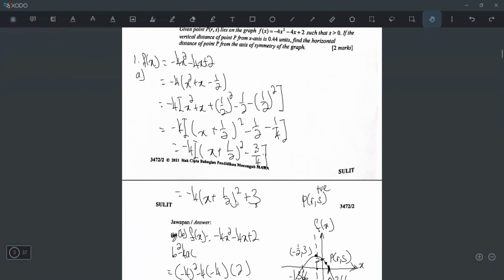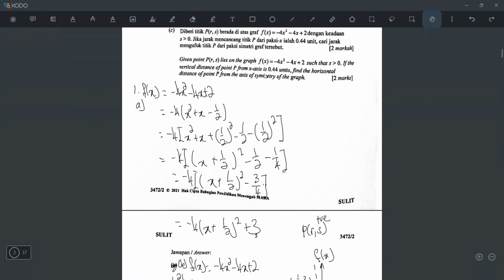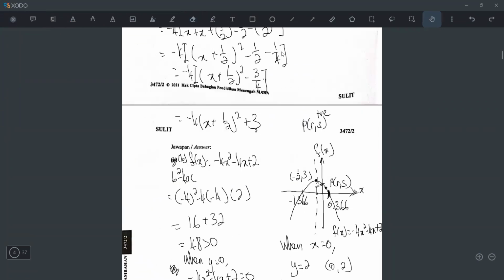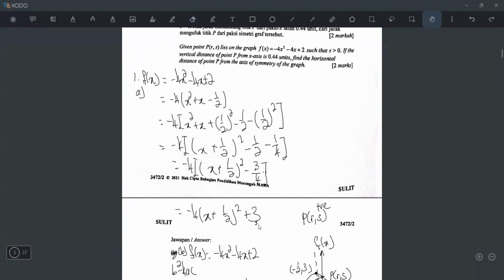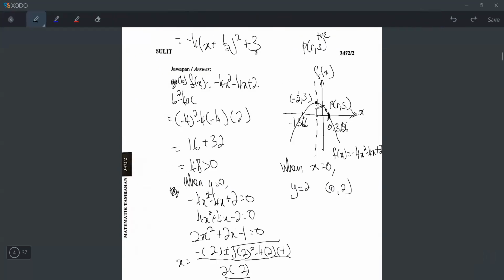Okay, and then they say the vertical distance of P from x-axis is 0.44. Okay, so the distance of P from x-axis, it means the distance here is 0.44. It means the height here is 0.44. It means point P is actually (R, 0.44). Yeah, because when you draw to the y coordinate, the distance here is 0.44.